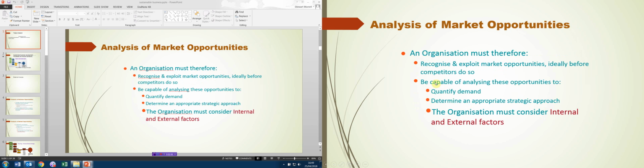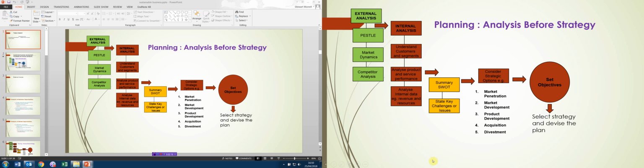So you do your external analysis, then you look at your internal factors. So we'll go on in more detail when we come to the second PowerPoint of this session. But external analysis, as you can see I'm highlighting, you've got your PESTLE, you've got your market dynamics and your competitor analysis. And again, we'll go through those in slightly more detail when we come to frameworking the answer out.